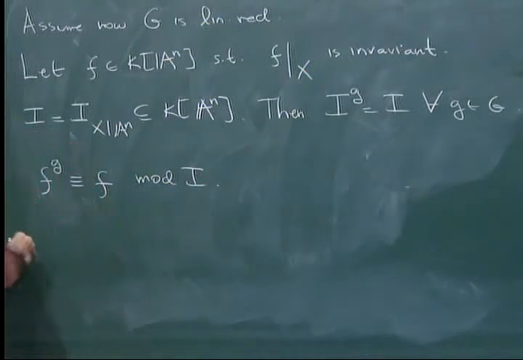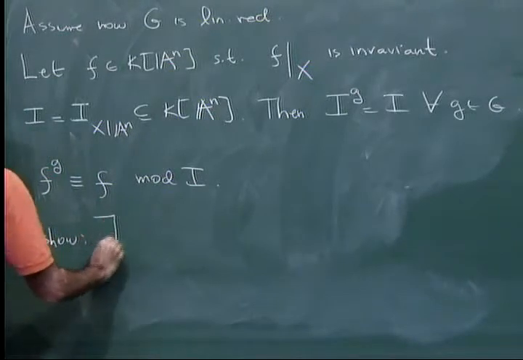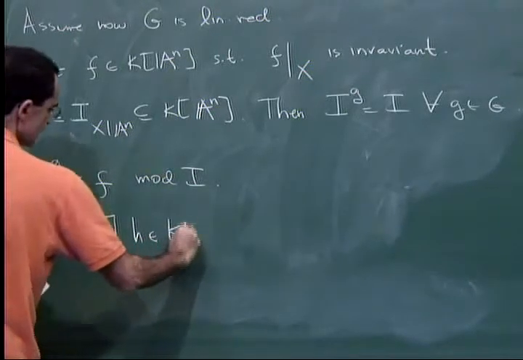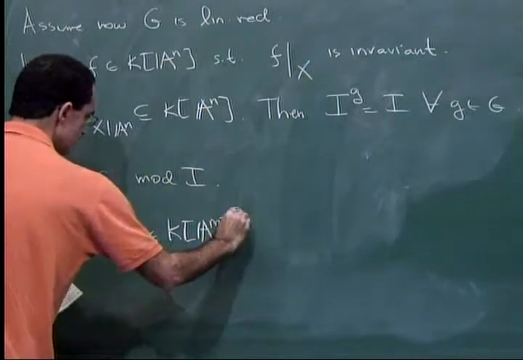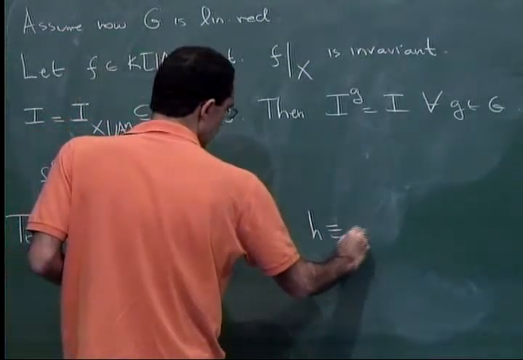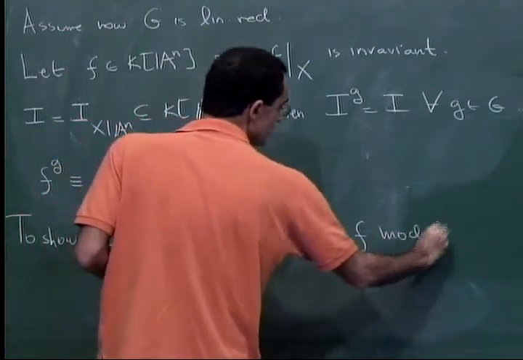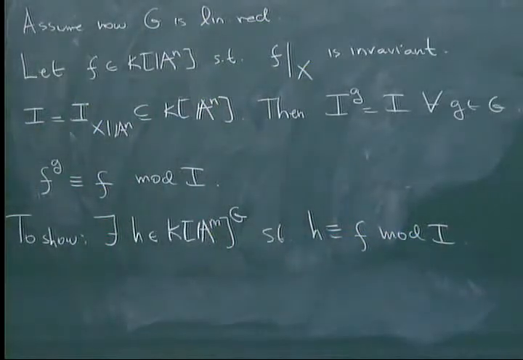Now what we have to show is that there is something invariant above, a polynomial h which is invariant, such that h is congruent to f mod I. Okay? So an invariant function here such that when you restrict to X, that is mod I, you have f. Okay?